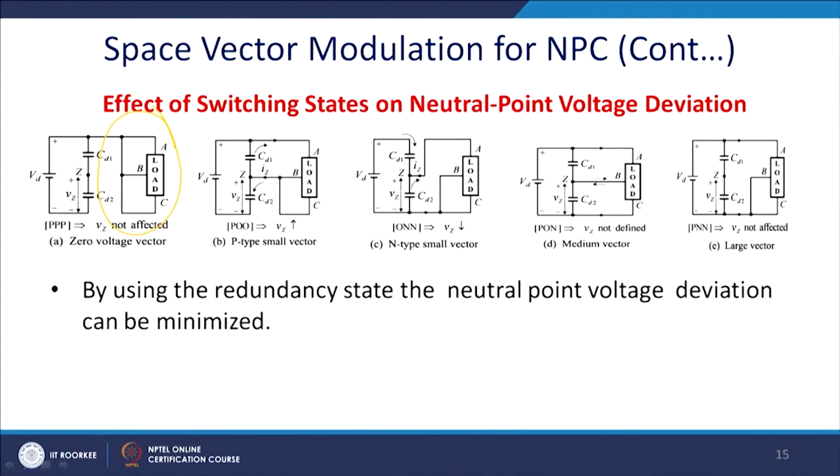Similarly, when you apply P 0 0, your load configuration is this. A phase is connected to the positive of the DC bus voltage and the others are connected to 0. Then you can also connect, and that will also give you 0, that is 0 N N. So, you get this voltage. Similarly, for P 0 N you get this kind of configuration, and for P N N you get this kind of configuration.